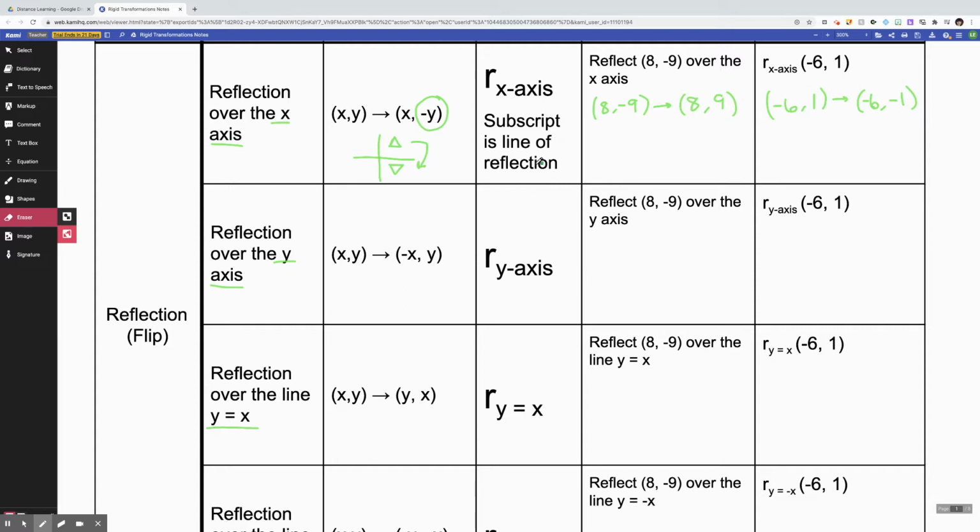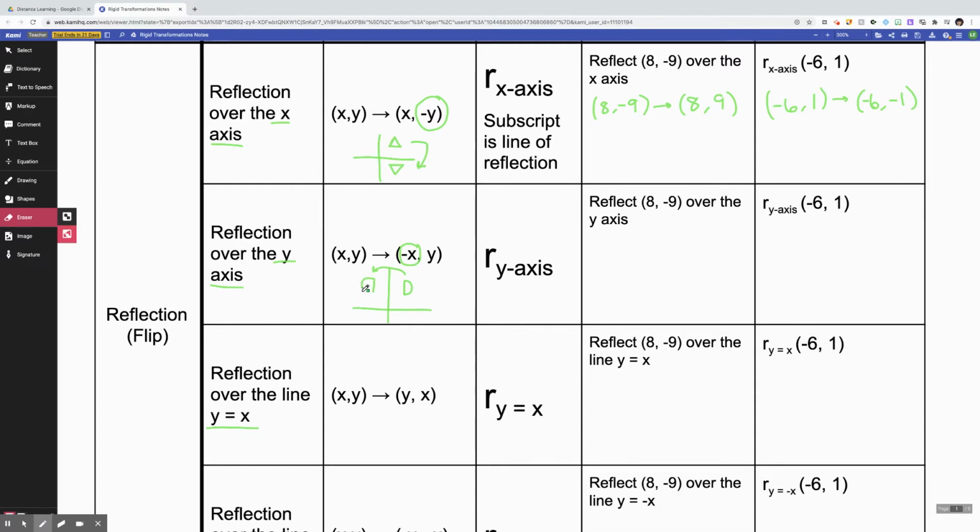Next comes a reflection over the y-axis, which is exactly the opposite of what we just did here. I'm going to take my original point and I'm only going to change the sign of the x value, which again, I'm hoping kind of intuitively makes sense. Say I have like a half circle, and I'm flipping it over the y-axis.